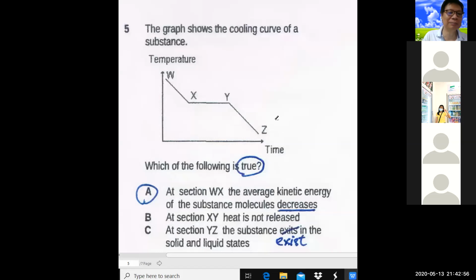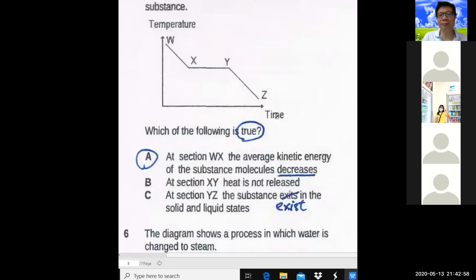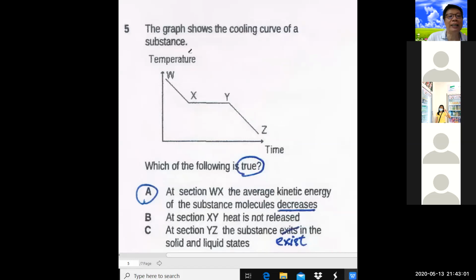Okay, number 5. The graph shows the cooling curve. This one cools down. Which of the following is true? The answer A is true, because in section WX the temperature drops, and the average kinetic energy decreases. Remember, the average kinetic energy is a measure of the temperature.